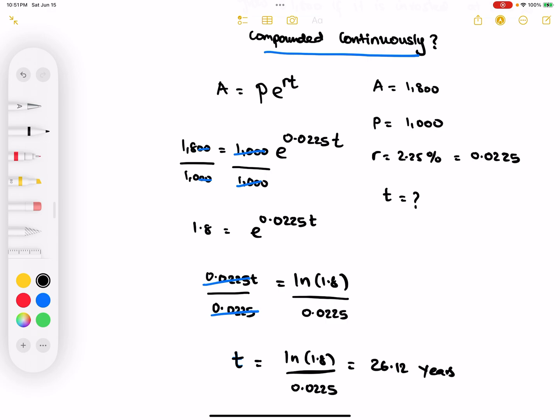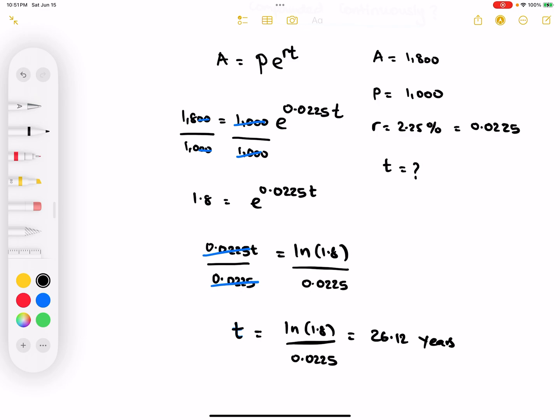This is rounded to 2 decimal places. Please follow the instruction on your assignment. Sometimes it says round to 2 decimal places, sometimes it asks you without any decimal, and so on and so forth.